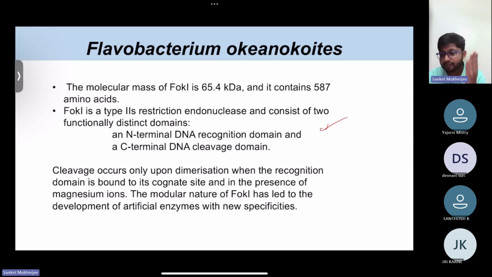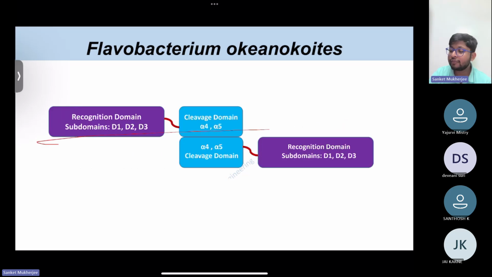Okay, so essentially this is how it looks. Cleavage will only happen in the DNA if dimers are formed. If this is the recognition domain, then there is a cleavage domain which piggybacks on the recognition domain. As a monomer, this enzyme is catalytically inactive.